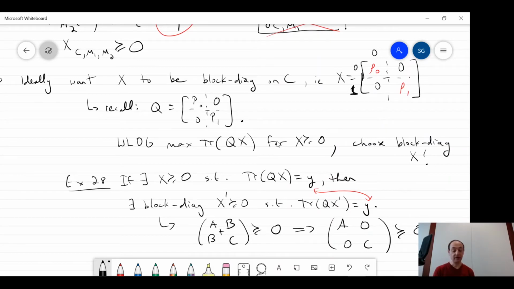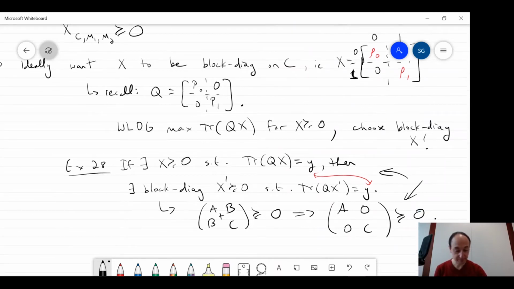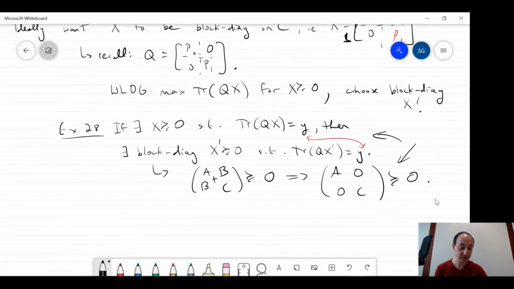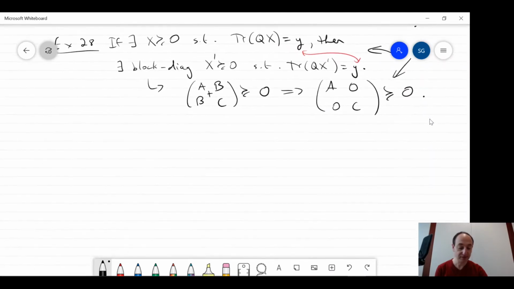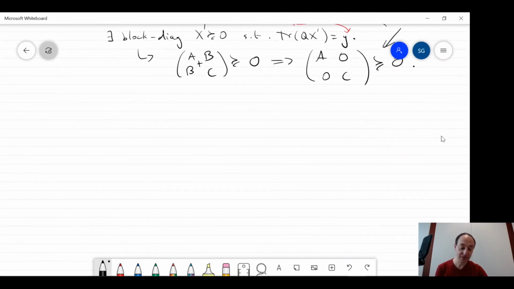Prove that this statement is true, and then use it to argue this without loss of generality claim. Good. So this means I can assume without loss of generality that the optimal solution to this SDP will be block diagonal, just like I wanted it to be in the ideal solution.